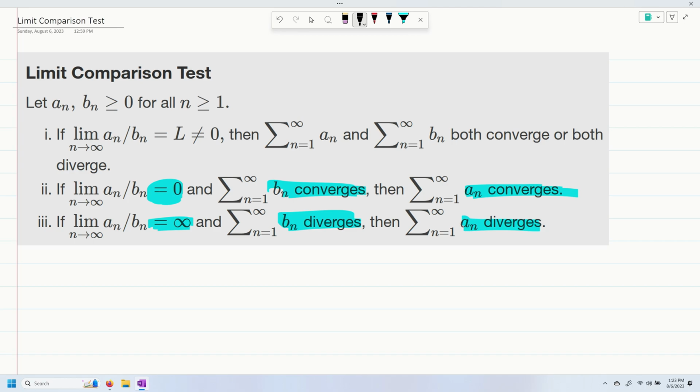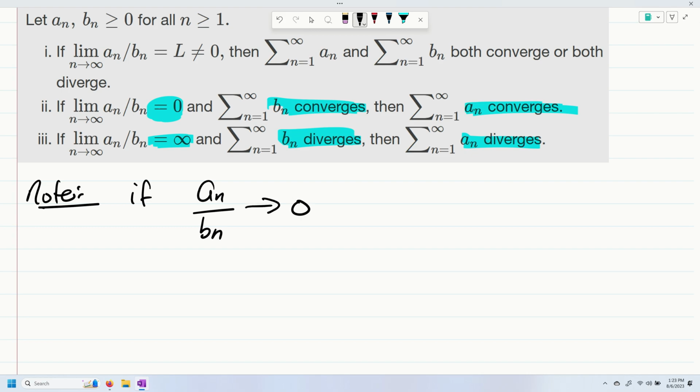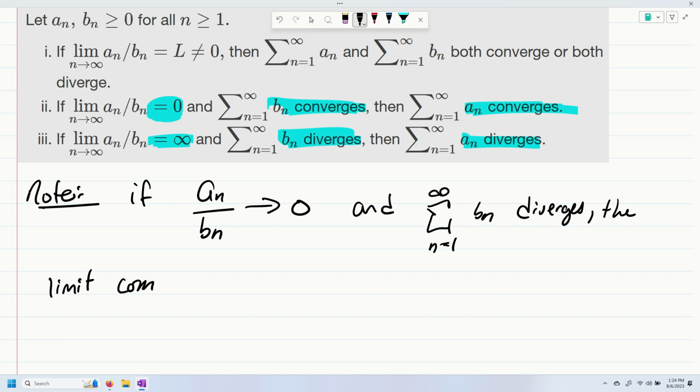Now, we do have to be a little bit careful here, because if the ratio of the two sequences goes to 0 and b sub n diverges, so the thing that you chose diverges, the limit comparison test gives no information.